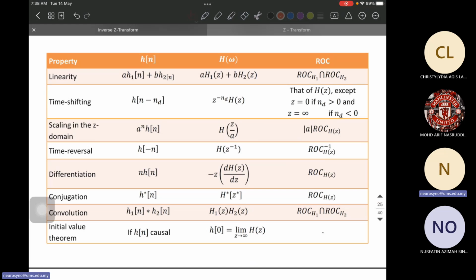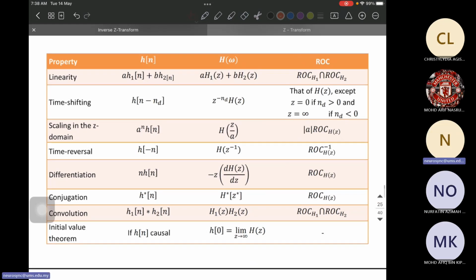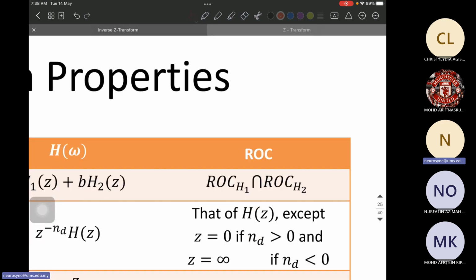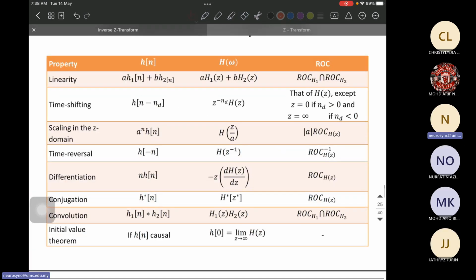Now, the main concern is about the ROC, the region of convergence. For H1 of z and H2 of z, the regions of convergence may be different. So the overall region of convergence is the intersection of these two ROCs, that is, ROC H1 intersection ROC H2.